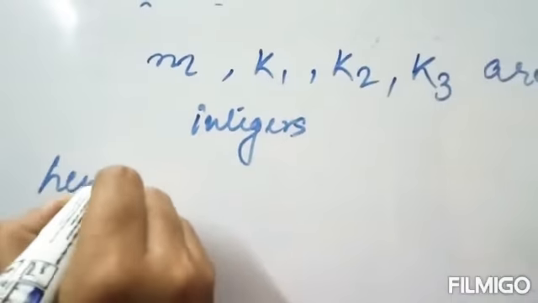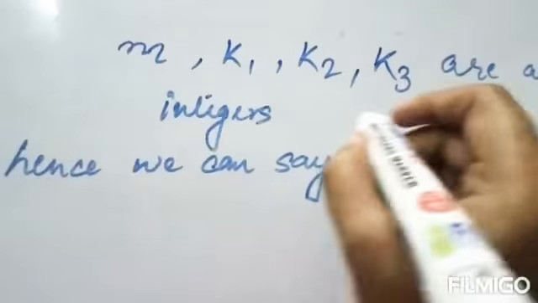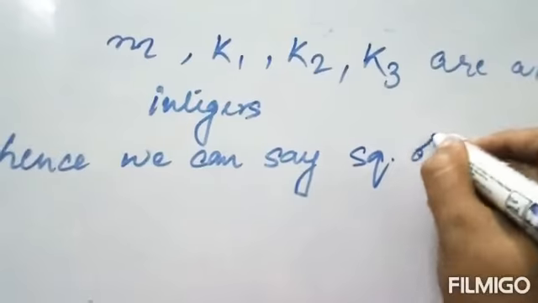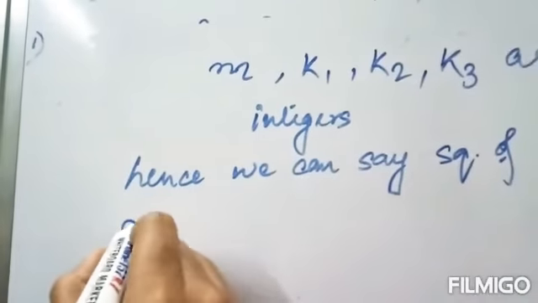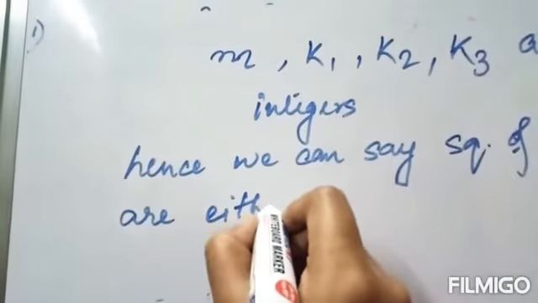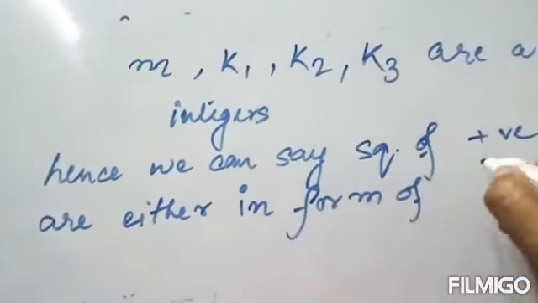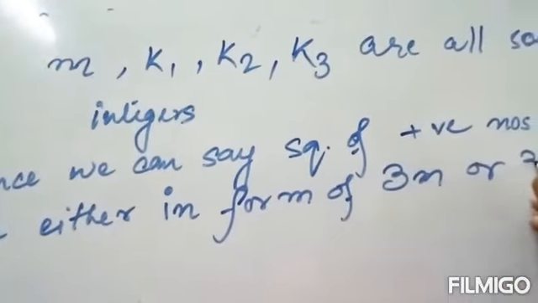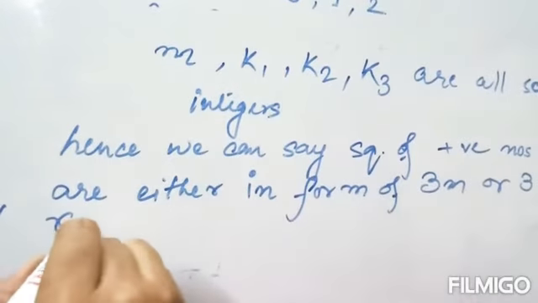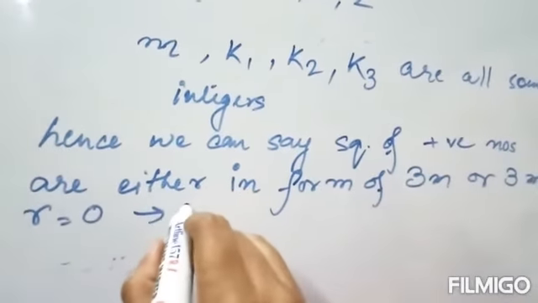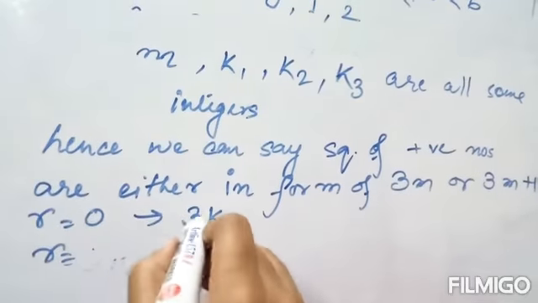Hence we can say the squares of positive numbers are either in the form of 3m or 3m plus 1, because why? When r was equal to 0, we got 3k1.